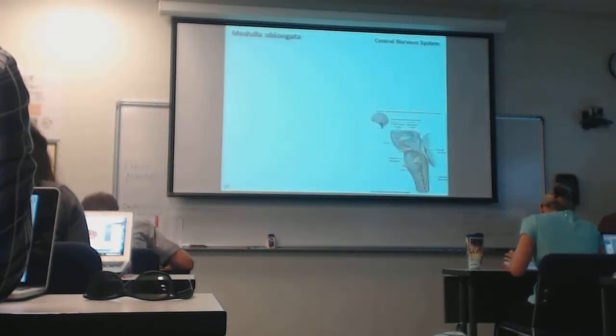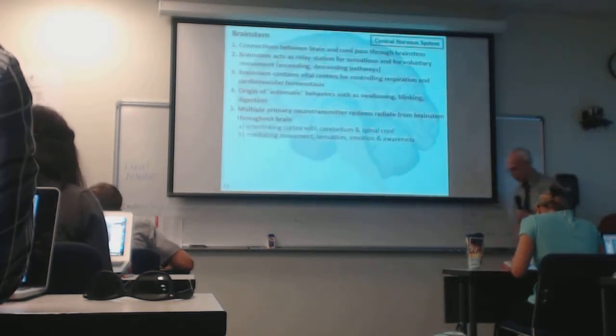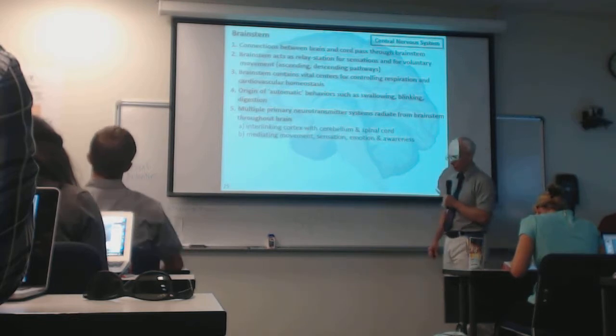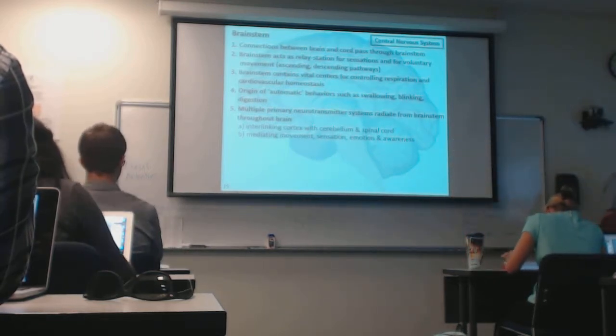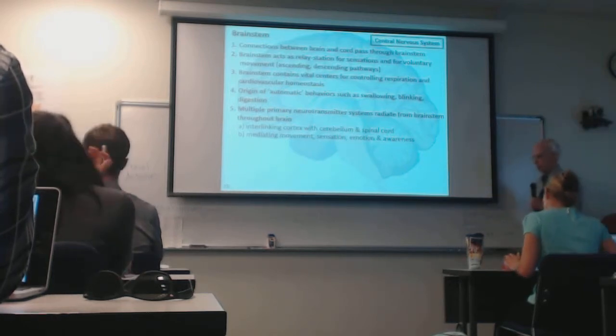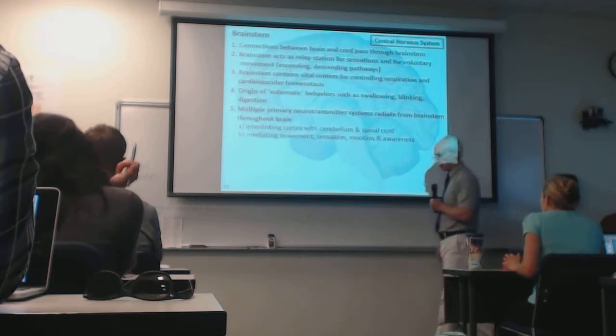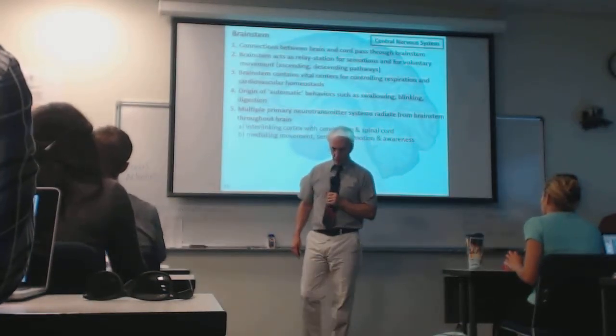With respect to the functions of the brainstem, remember everything, all the pathways between the brain and the body, have to go through the brainstem. These are both motor pathways and sensory pathways. We're going to find that there are frank sensory processing structures, especially in the midbrain.